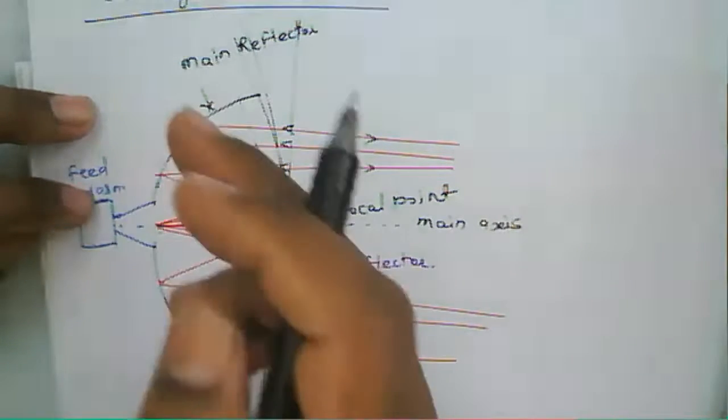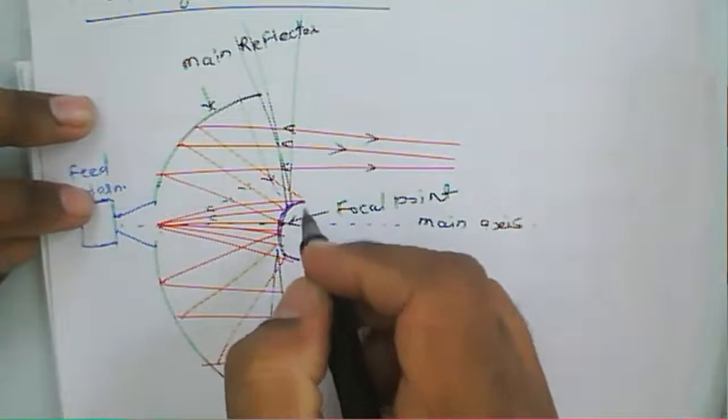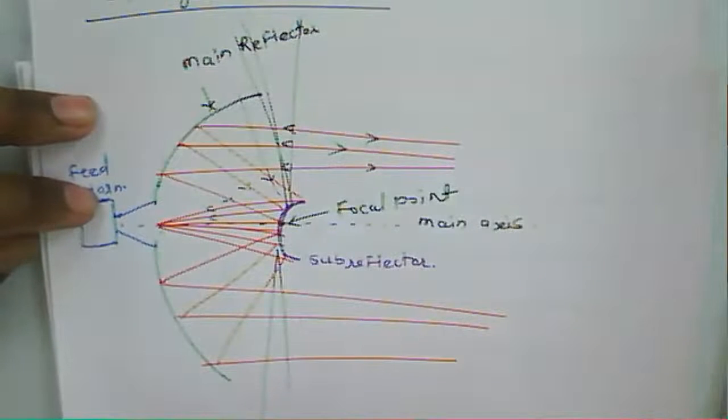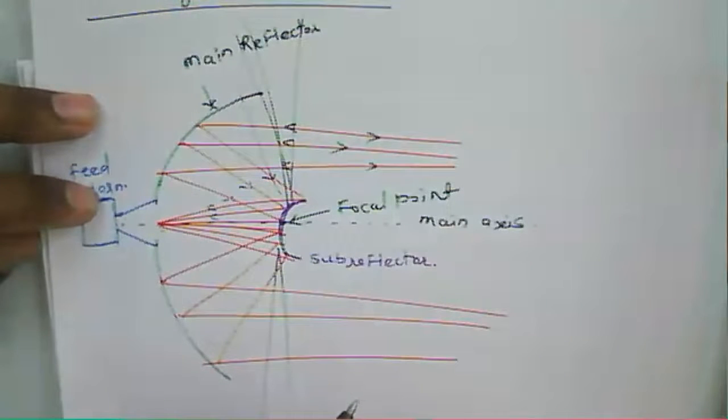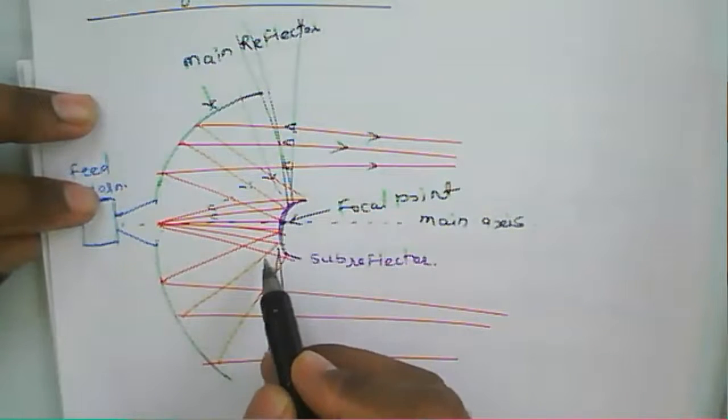Now if you consider a Cassegrain or a Gregorian antenna, in that case, due to that reflector there will be a blockage, and that blockage will be more in a Cassegrain antenna.